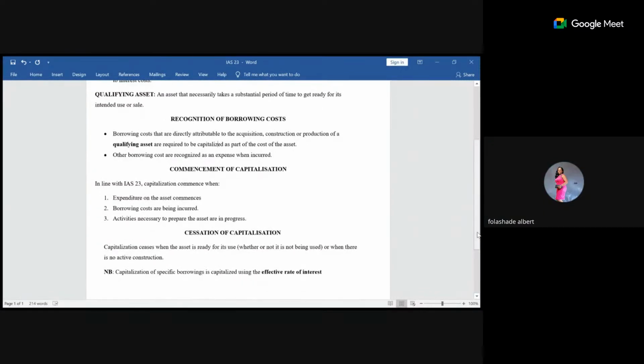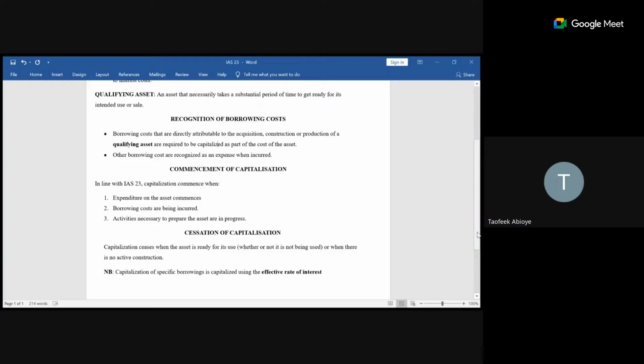Okay. Now IAS 23 tells us when we should start capitalization. There are 3 instances when we start capitalizing borrowing costs. Number 1, when expenditure on the asset commences. Number 2, when borrowing costs are being incurred.